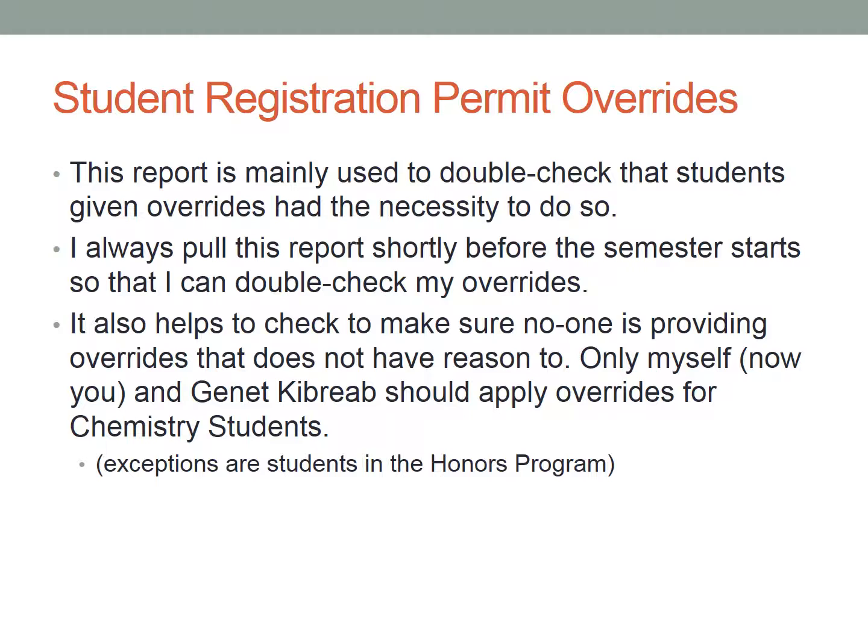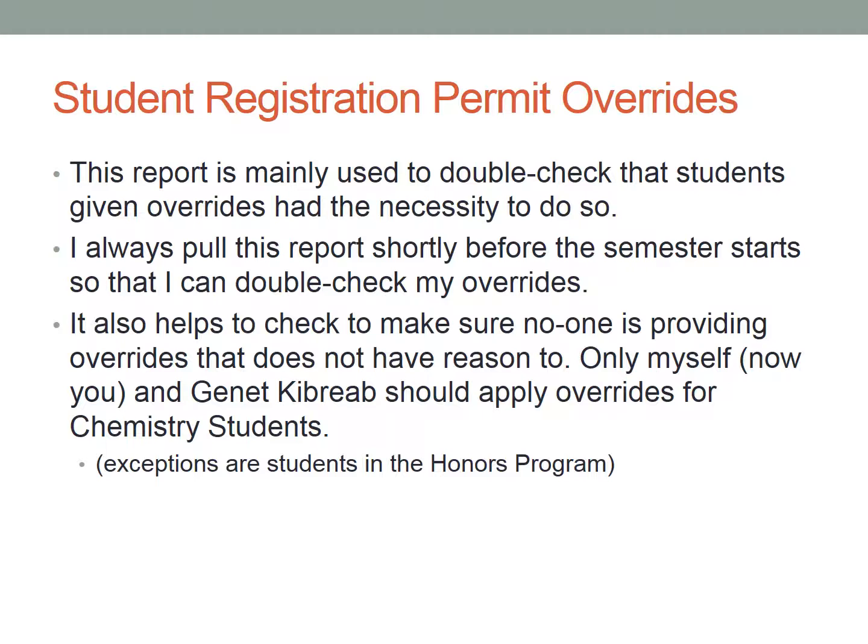I always pull this report shortly before the semester starts so that I can double check my overrides. That's pretty much all I use this for, is just to double check things. It also helps because, like I mentioned, when we changed over to Banner and Athena, anyone across campus can provide any override they see fit, as long as they have the permissions to just blanket give overrides.